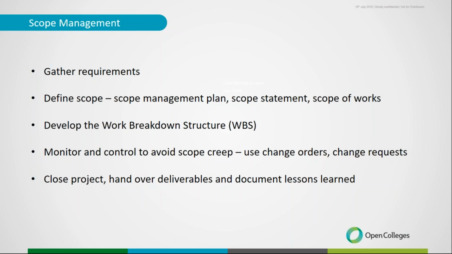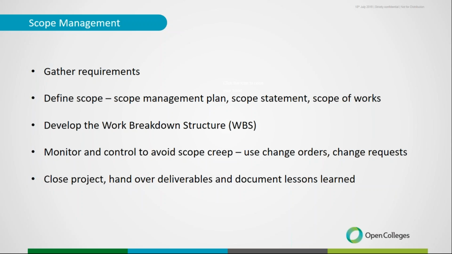So if we miss a section of the project in the scope definition stage and we don't get it into our work breakdown structure, then later on when we realize it's missing, we're not going to have scheduled it, we're not going to have budgeted for it, etc. So the scope management is a really important part to get that very clearly defined, exactly what we're doing.